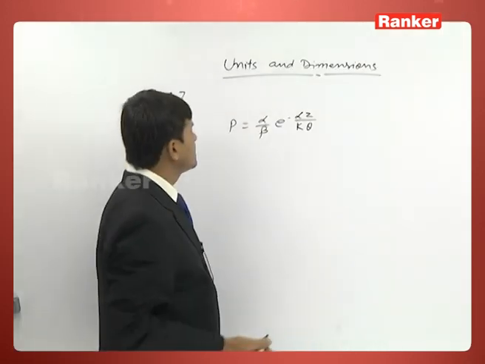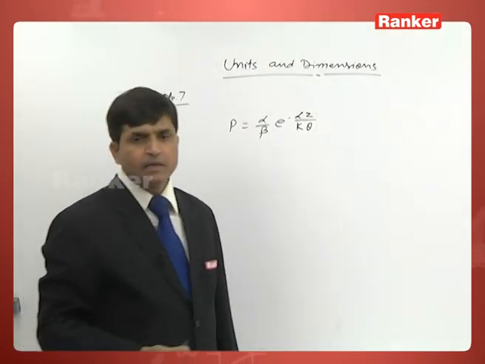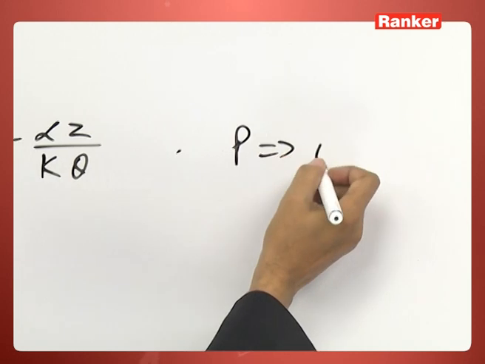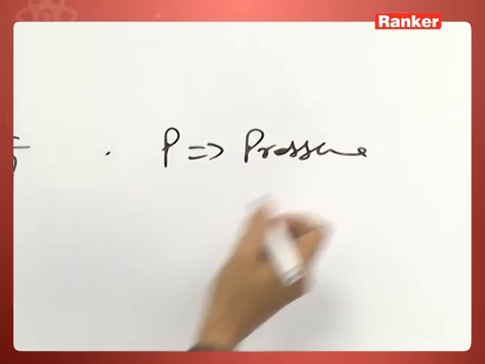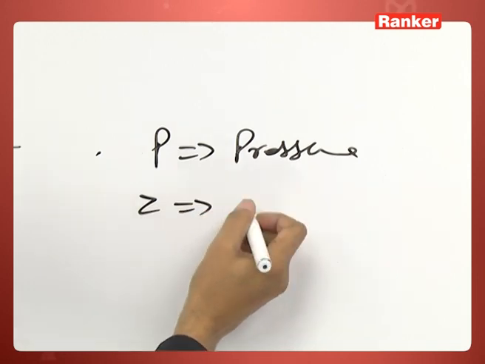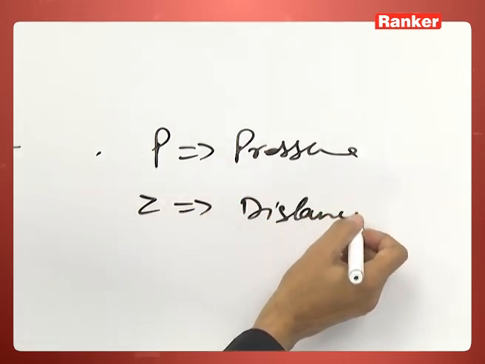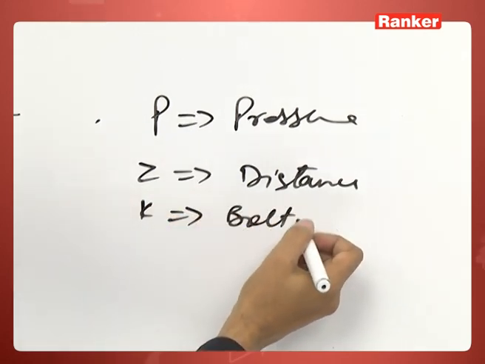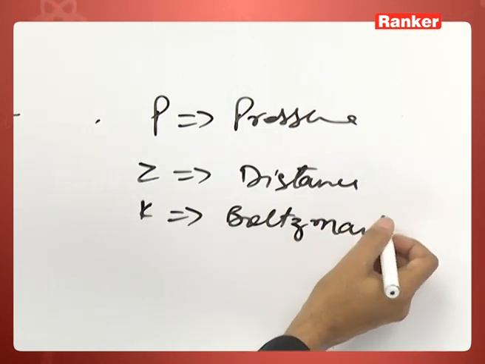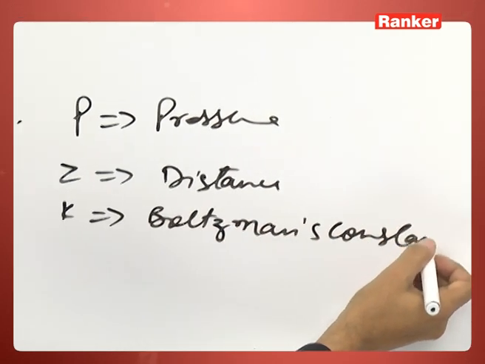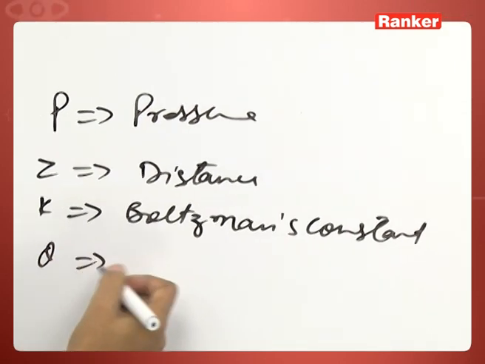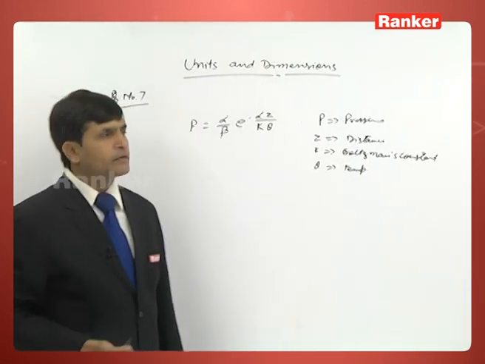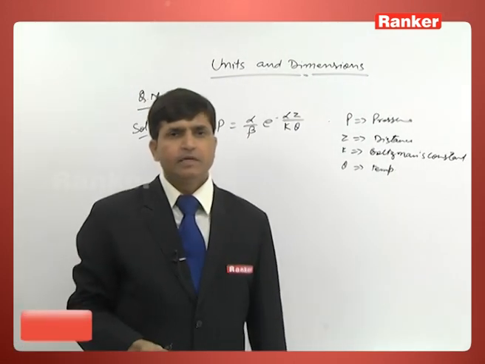This is our expression given here, where P is the pressure, Z is the distance, K is the Boltzmann constant, while theta is the temperature. Now we would like to find the dimension of beta.